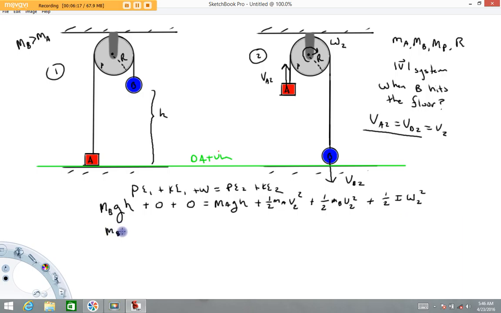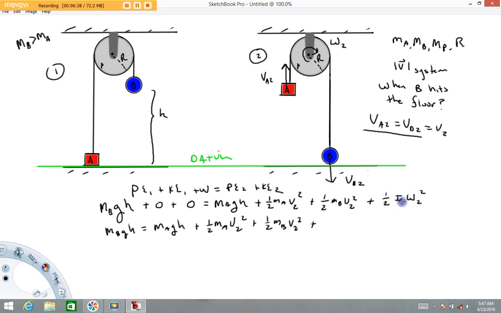So we've got M sub B gh equals M sub A gh plus 1/2 M_A V2 squared plus 1/2 M_B V2 squared plus, now the pulley term, and I'm going to go ahead and do a couple things at once here.